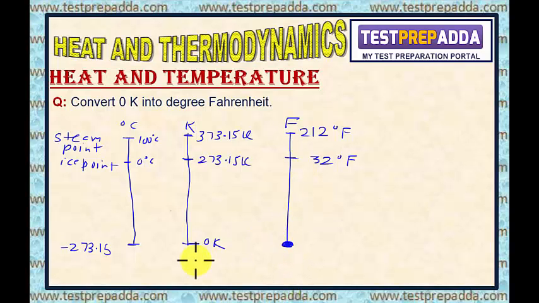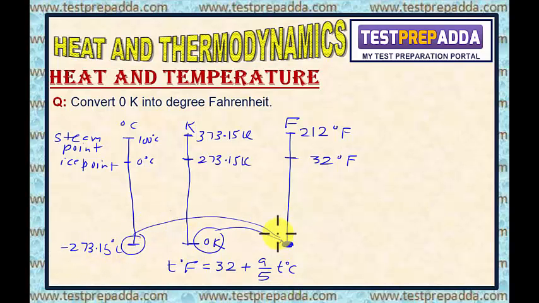And we already know the relation between temperature in degree Fahrenheit and temperature in degrees Celsius: F is 32 plus 9 by 5 times temperature in degrees Celsius. So if you want to convert this 0 Kelvin into Fahrenheit, you can convert this minus 273.15 degrees Celsius into Fahrenheit. The two will give the same value.